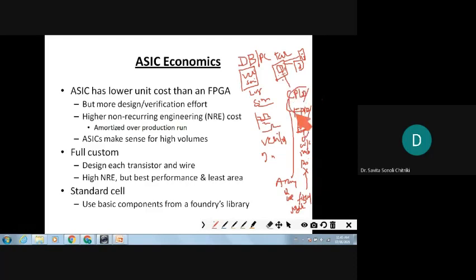Whereas CPLD and FPGA act as general purpose devices. Through a cable, which could be a serial port or JTAG cable, whatever hex code is generated, that hex code is dumped into the device.